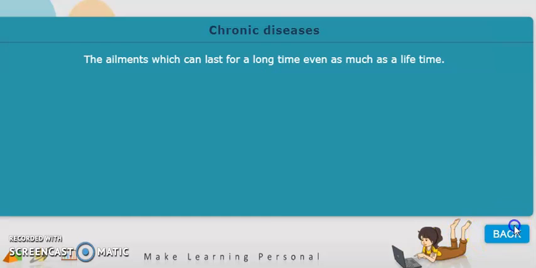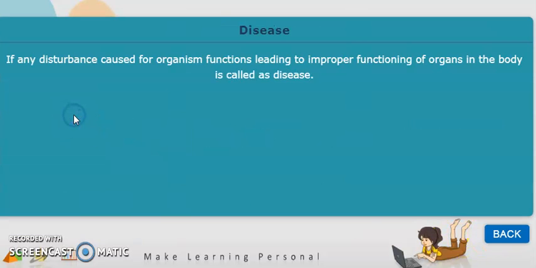Next we have disease. Now we need to understand what a disease is. Any disturbance caused to organism functions, leading to improper functioning of organs in the body, is called disease. You know that our body is made up of cells. We have different types of cells, different types of tissues, then different types of organs.